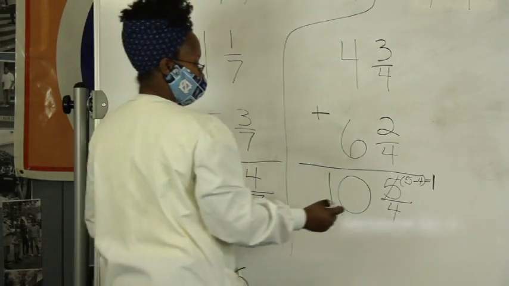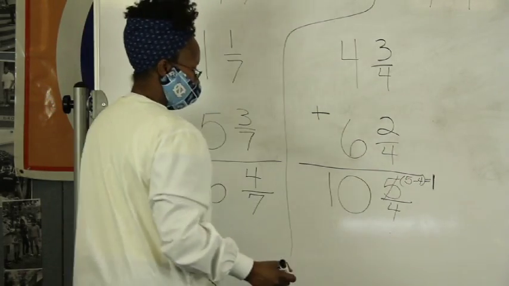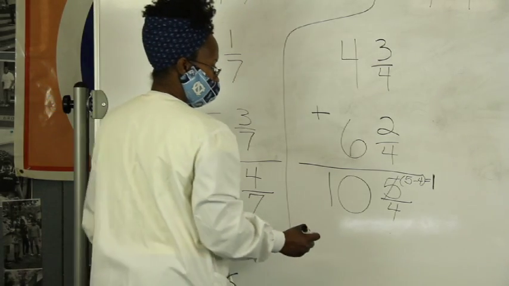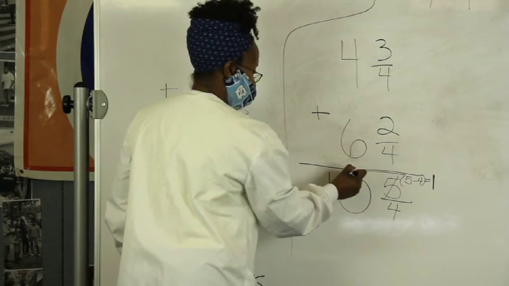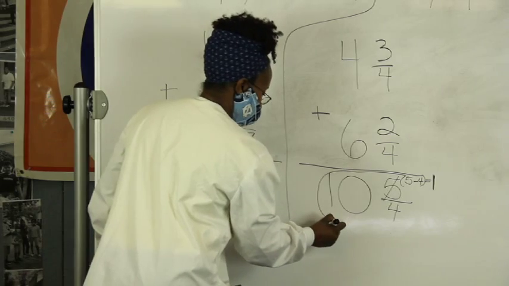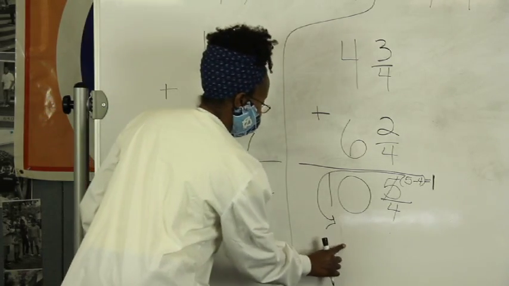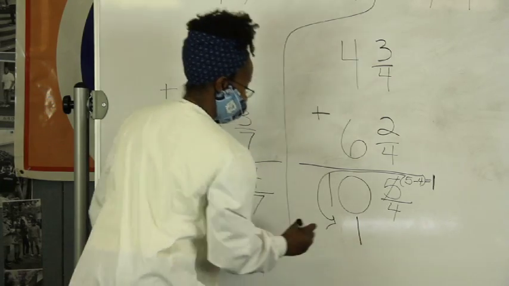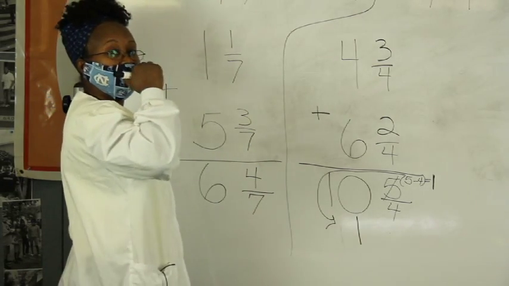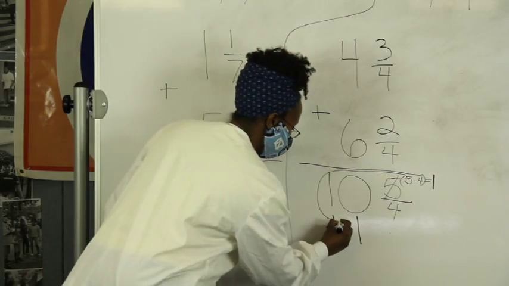Okay, so I'm taking a whole away. So where am I going to put my whole? I'm going to put my whole over here and make it a 1. Oh, sorry, wrong digit actually. Here. I bet somebody caught that as soon as I did it. Good job.